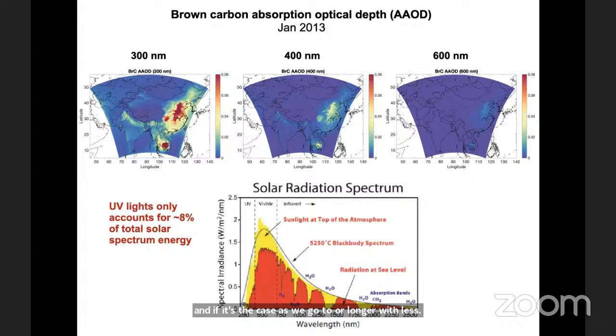I should also note that if we look at the downward solar radiation spectrum at the top of the atmosphere, these near-UV wavelengths only account for a very small amount of the total solar spectral energy, which is about 8%. That's why in the next slide, you will see that the total radiative effect of this brown carbon is relatively smaller than the soot particles or dust particles, which show stronger absorption in the visible wavelengths.